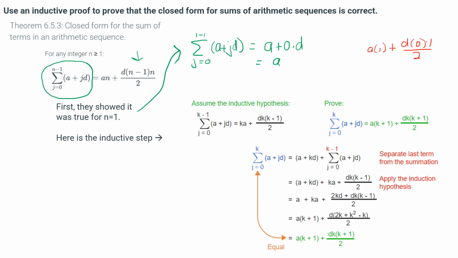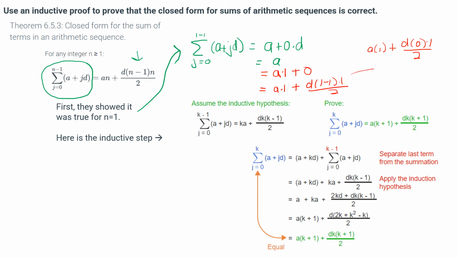Okay, so let's try to get there. So a is the same thing as a times 1 plus 0. You might think, why am I doing that? Well, remember, we want to write it like what's over there on the right, so I'll say a times 1 plus, and then I want d times 1 minus 1, or 0, times 1 over 2.